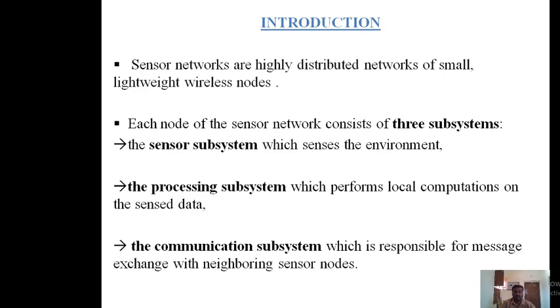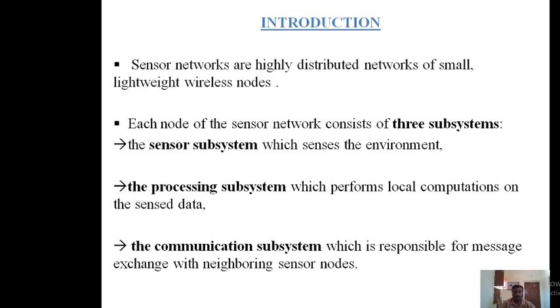The sensor nodes in the sensor network consist of three subsystems: the sensor subsystem, the processing subsystem, and the communication subsystem. The sensor subsystem is used for sensing the environment. The processing subsystem performs local computations of sensed data.